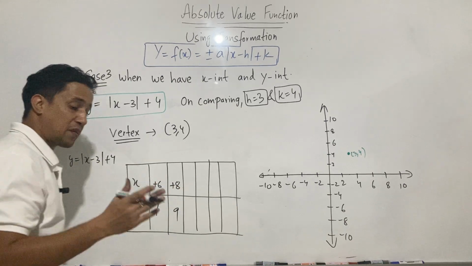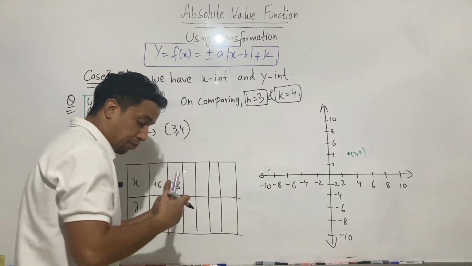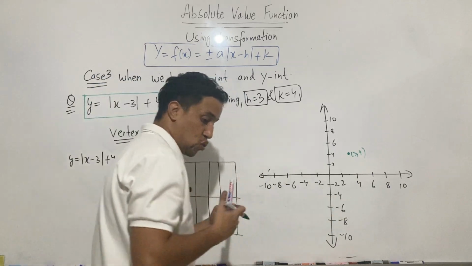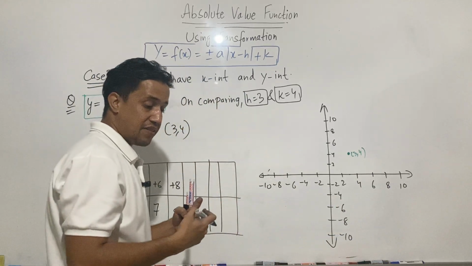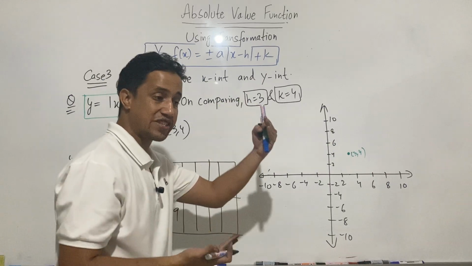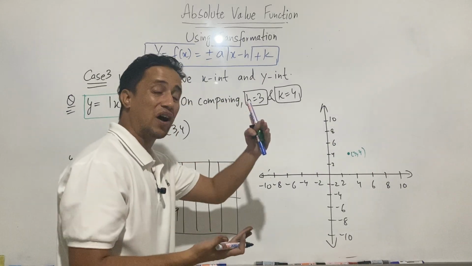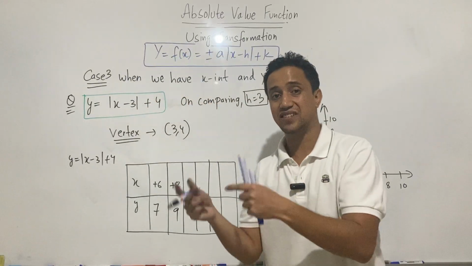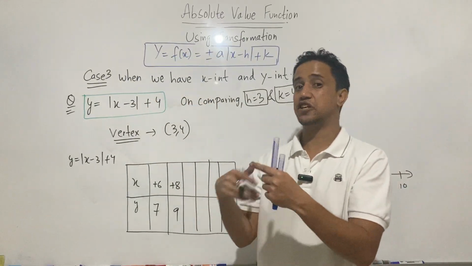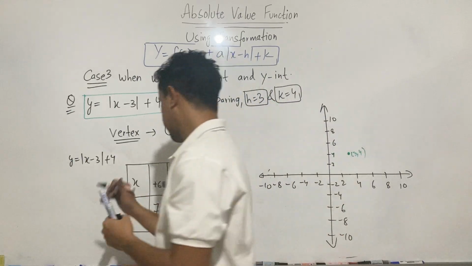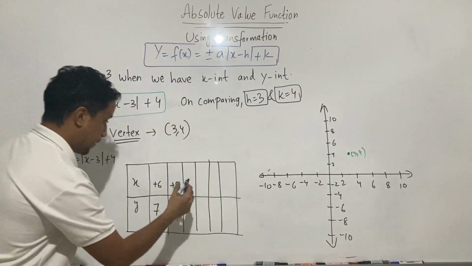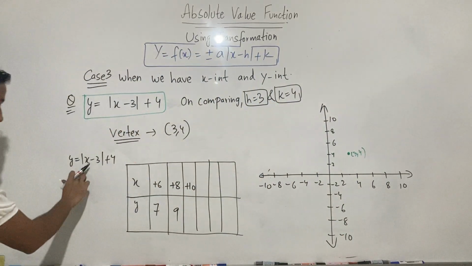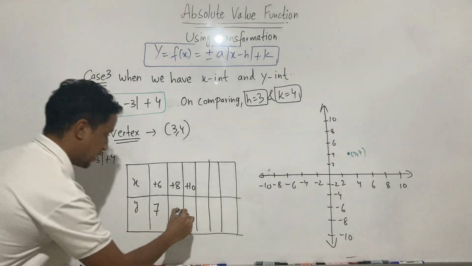As you take one step towards your right or left, you have to take one step up or down, because the rate of change of y is the same as the rate of change of x. Then for x equals 10, 7 plus 4 is 11.